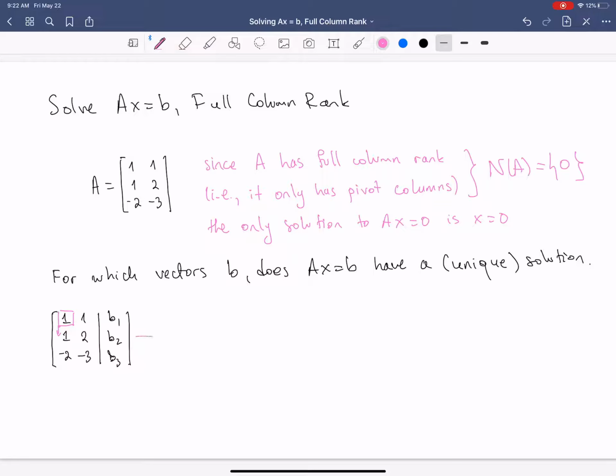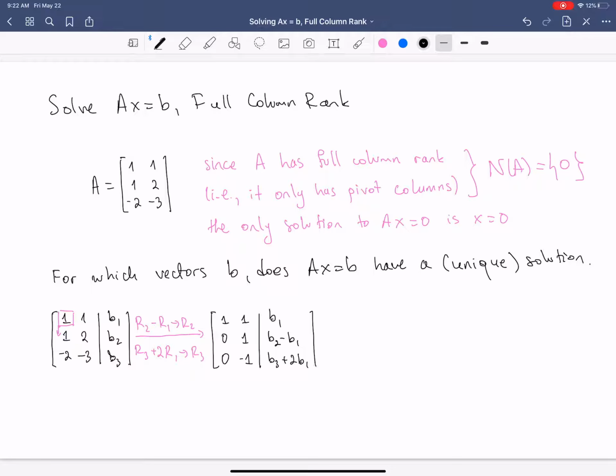The operations are R2 minus R1 into R2, and R3 plus 2R1 into R3. The result is 1, 1, B1, then 0, 1, B2 minus B1, then 0, negative 1, B3 plus 2B1.